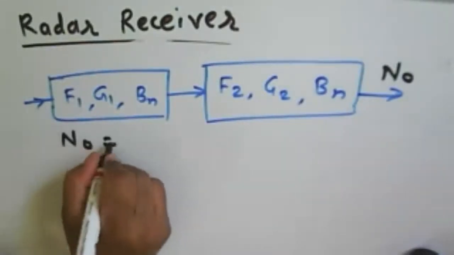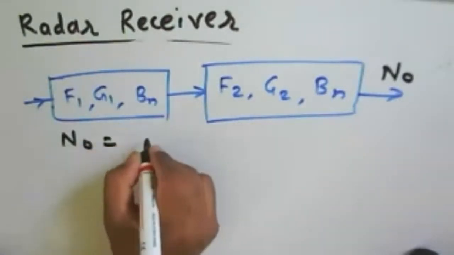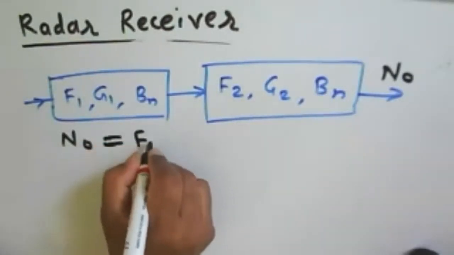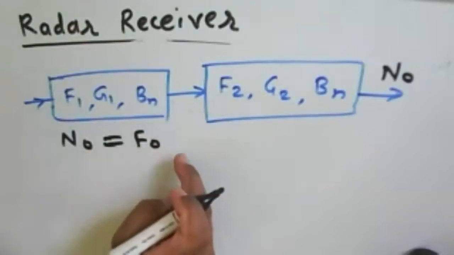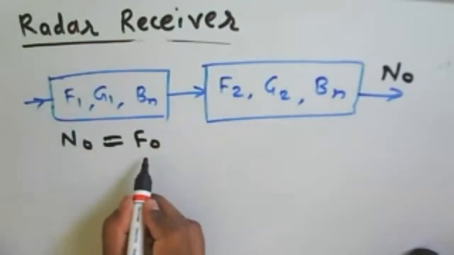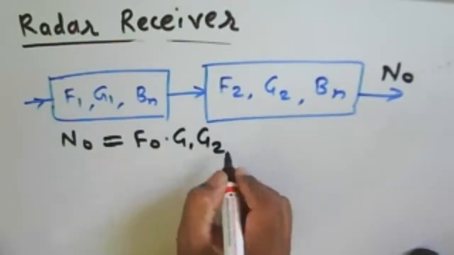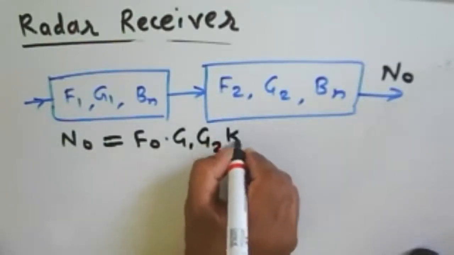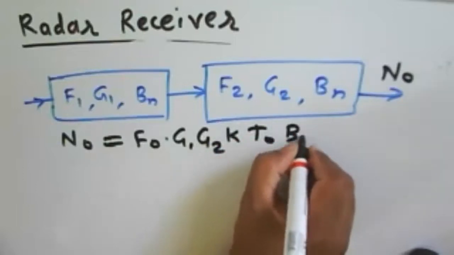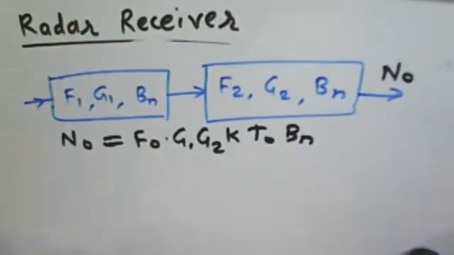So N0 is equal to the overall noise figure F0 times G1 G2 times k T0 Bn.